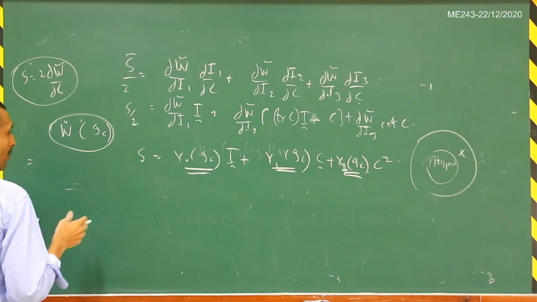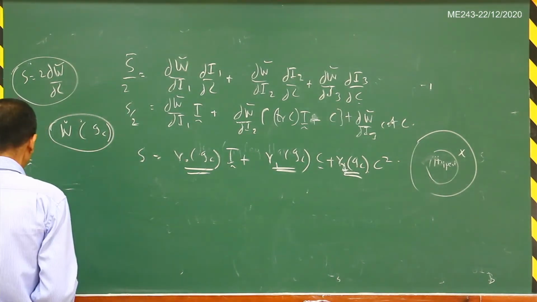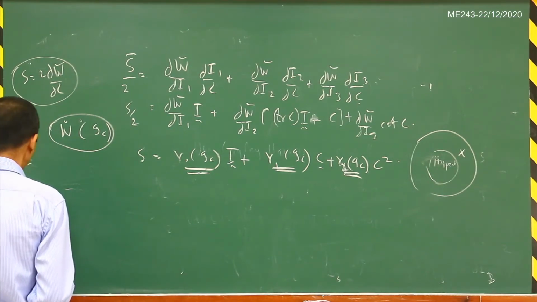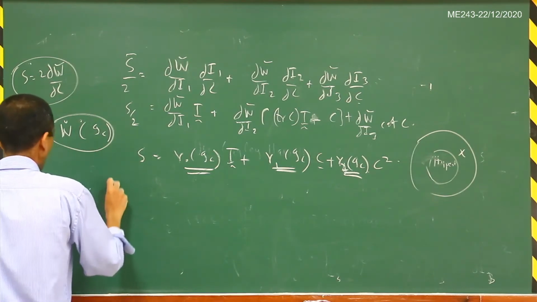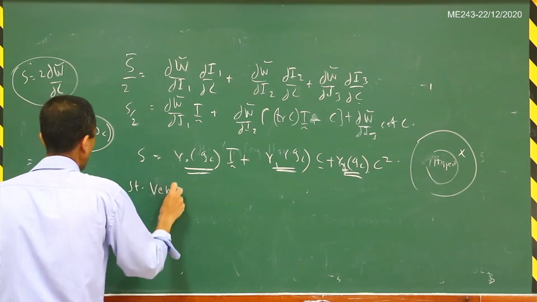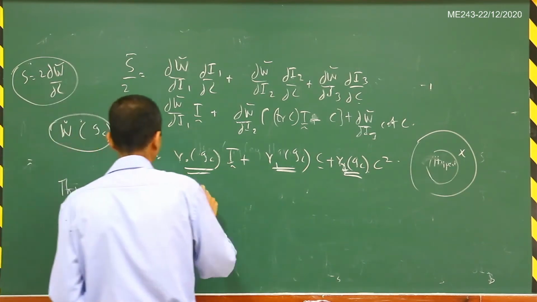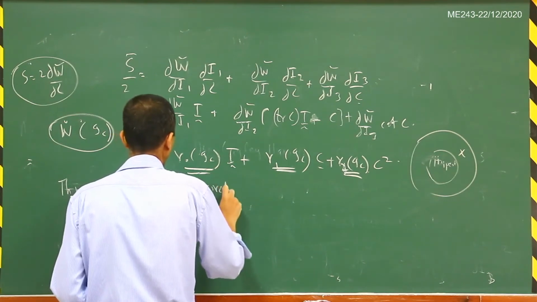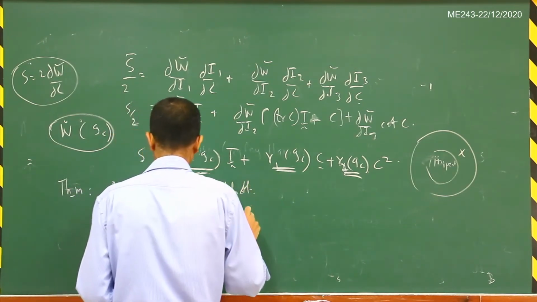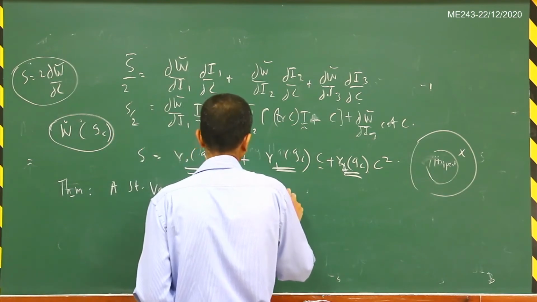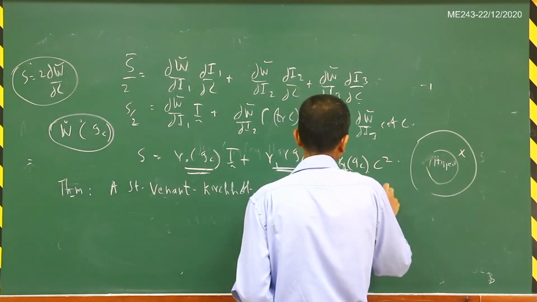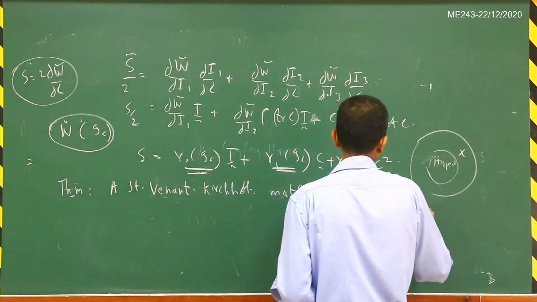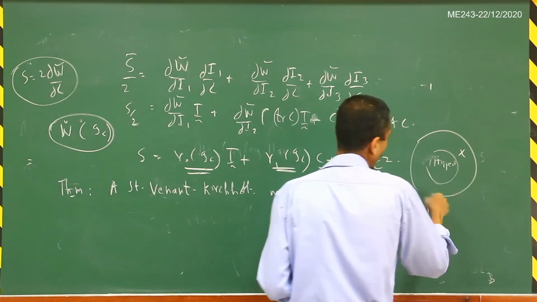Okay, fine. Then what about the Saint Venant-Kirchhoff material? Let us look at the strain energy density function for a Saint Venant-Kirchhoff material. Theorem: a Saint Venant-Kirchhoff material, that is S is equal to lambda trace of E times identity plus 2 mu E. This we have seen in the previous class.